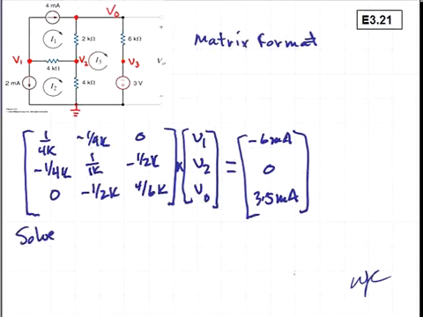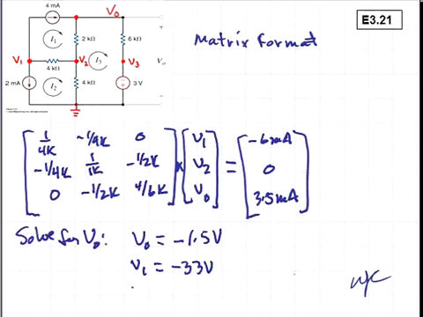The problem is to determine the voltage V sub O, so we can do the solution of this matrix equation by your favorite technique, and we'll obtain that V sub O is equal to minus 1.5 volts. Since you've probably solved this with MATLAB or some other technique, you also have the other answers. V1 is equal to minus 33 volts, and V2 is equal to minus 9 volts.